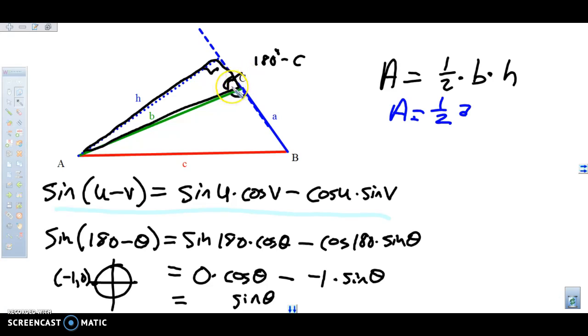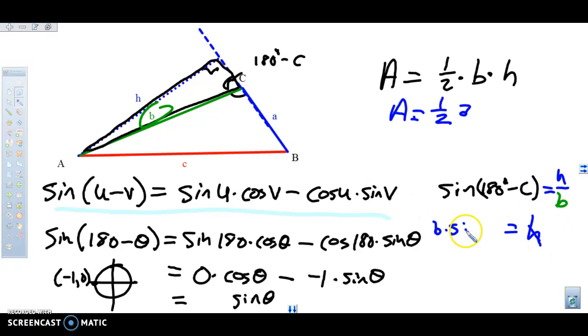So looking through the eyes of that angle, the sine of 180 degrees minus C is the same as the sine of angle C. In that triangle, the sine is the opposite, which is H in blue, divided by the hypotenuse, which this time is side B. So when we solve that, we come up with H equals B times the sine, and I'll replace that 180 minus C with just C. So the area is 1/2 times A times B times the sine of angle C.